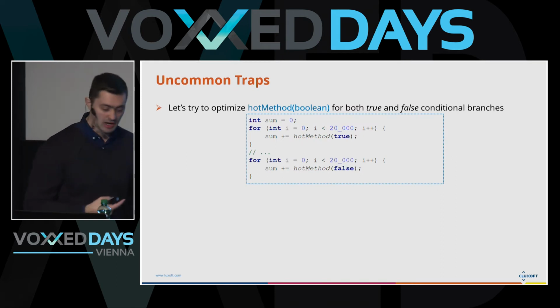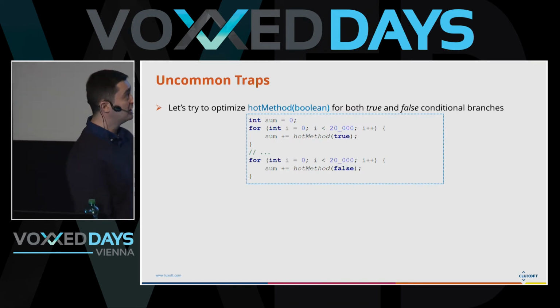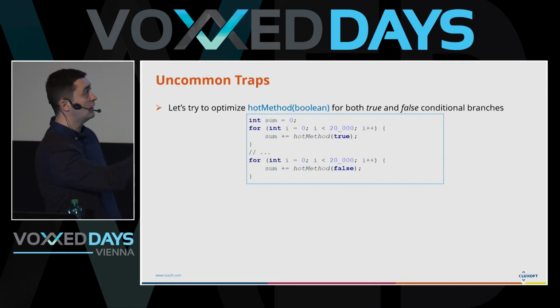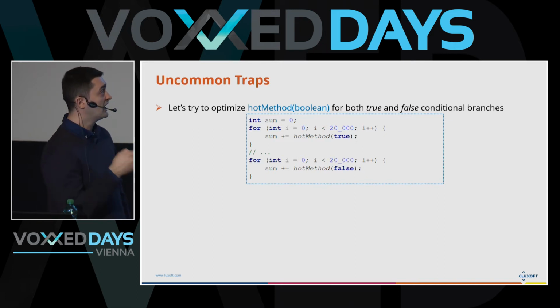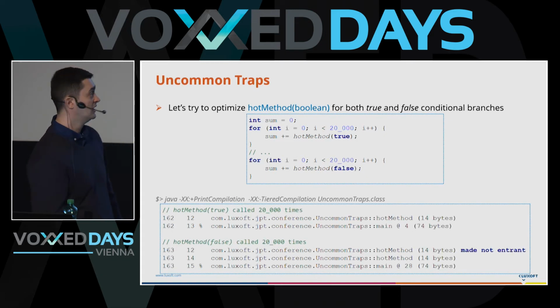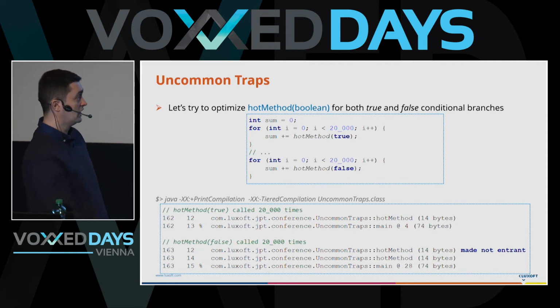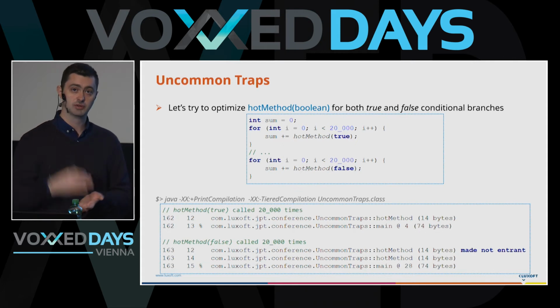Now what I did, I continued my experiment and I optimized with true and false. I also included hot method of false into a long-running loop, and I checked the compilation. In here, the first two lines are very similar to the previous one, which means we had the hot method, it was compiled. We have here an on-stack replacement for the main method, so the entire main method was compiled.